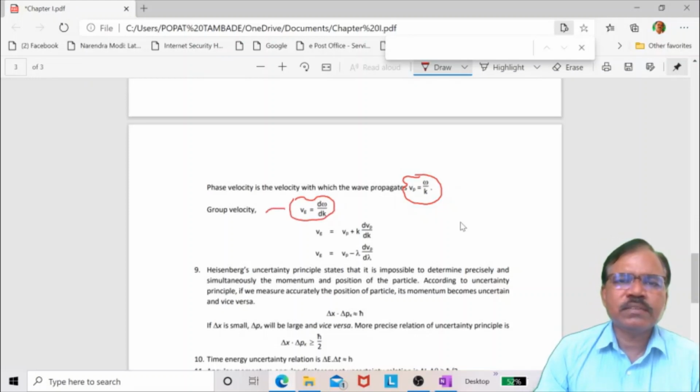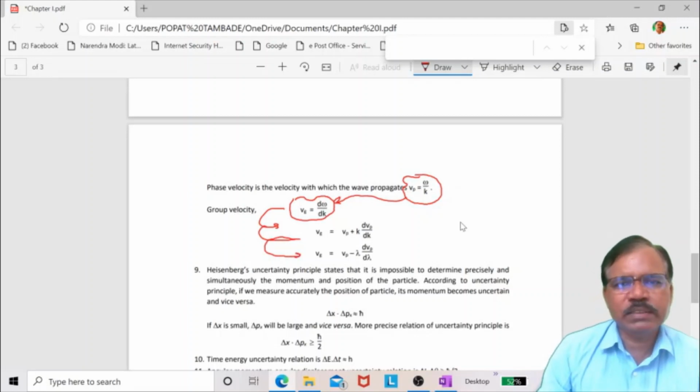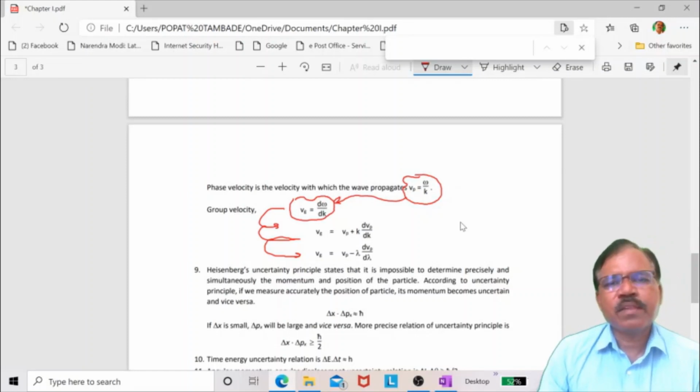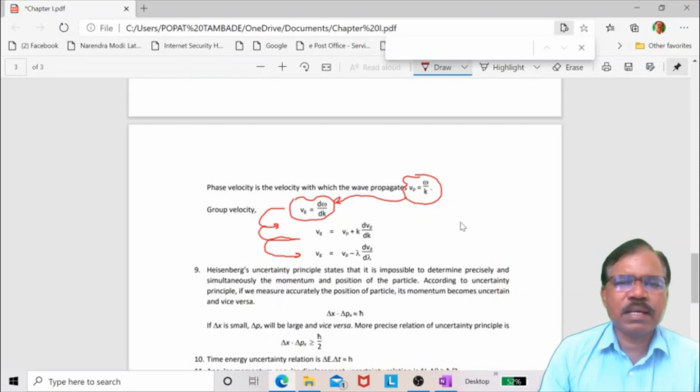And from this we can obtain two formulas for group velocity, relation between group velocity and phase velocity: Vg is equal to Vp plus k dVp by dk, and Vg is equal to Vp minus lambda dVp by d lambda. So these are two formulas.